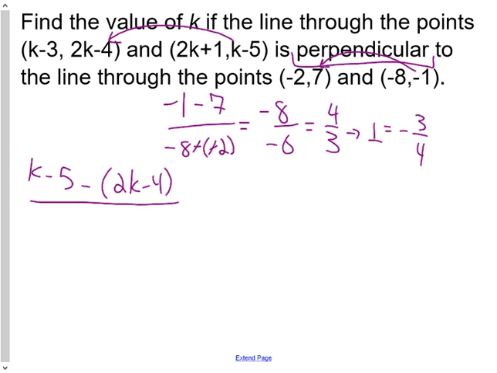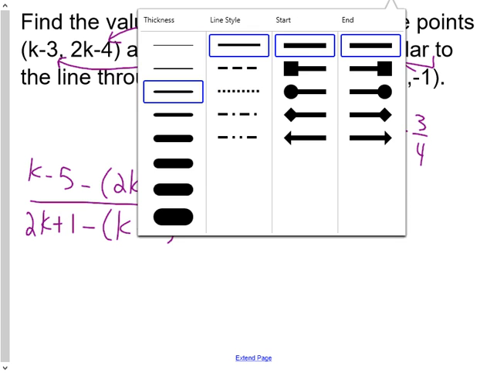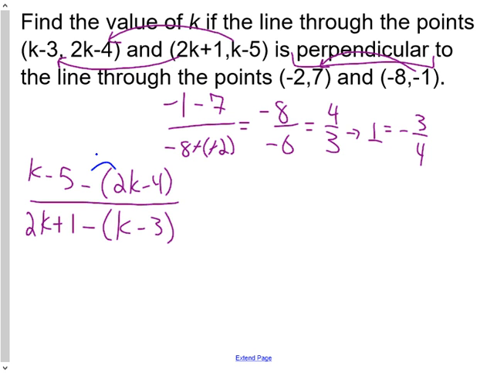Those are the Y values over 2K plus 1 minus quantity K minus 3. And I like to distribute here before I simplify. So minus 2K plus 4. So I got 1K minus 2K is negative K. Negative 5 plus 4 is minus 1, so there's the numerator.